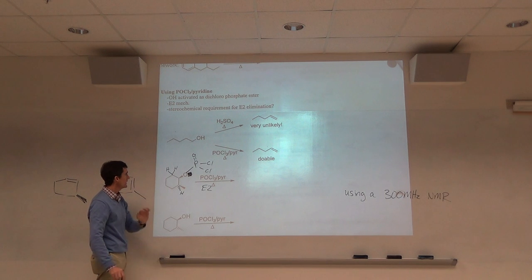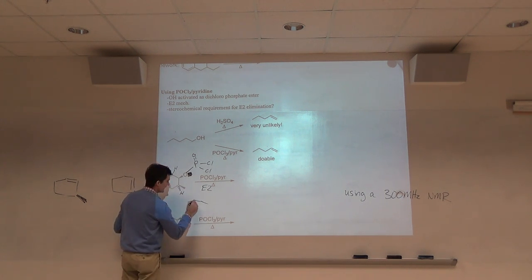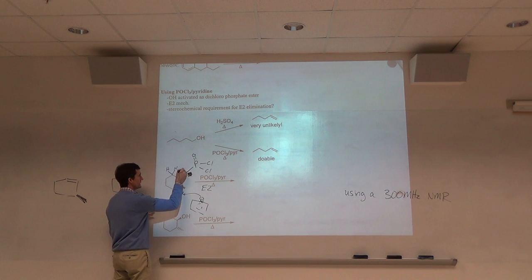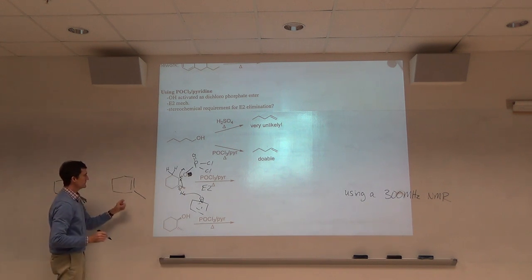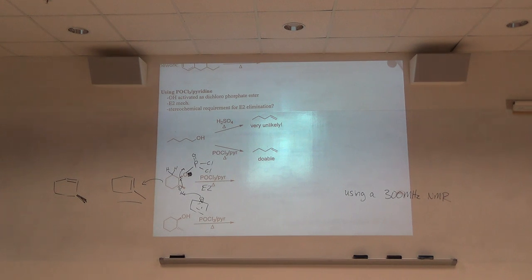Axial. Okay, but that's different. Here, these are trans, boom. Pyridine takes the H, electrons move in, kick off the leaving group. What do we get? We get that product. It's not going to take the other H, give this product.